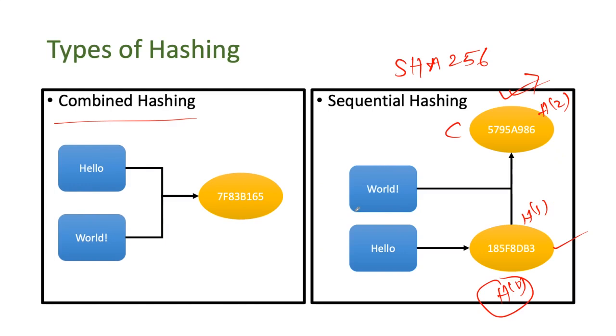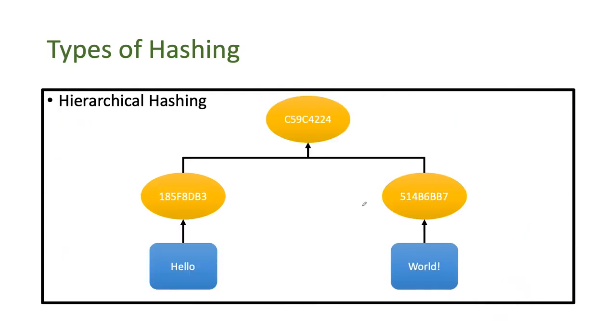So then another pattern is your hierarchical hashing. In hierarchical hashing, it repeats the independent hashing and repeated hashing. Independent hashing and repeated hashing patterns together become a hierarchical hashing. Here, to make your message more secure, you are combining different patterns together.